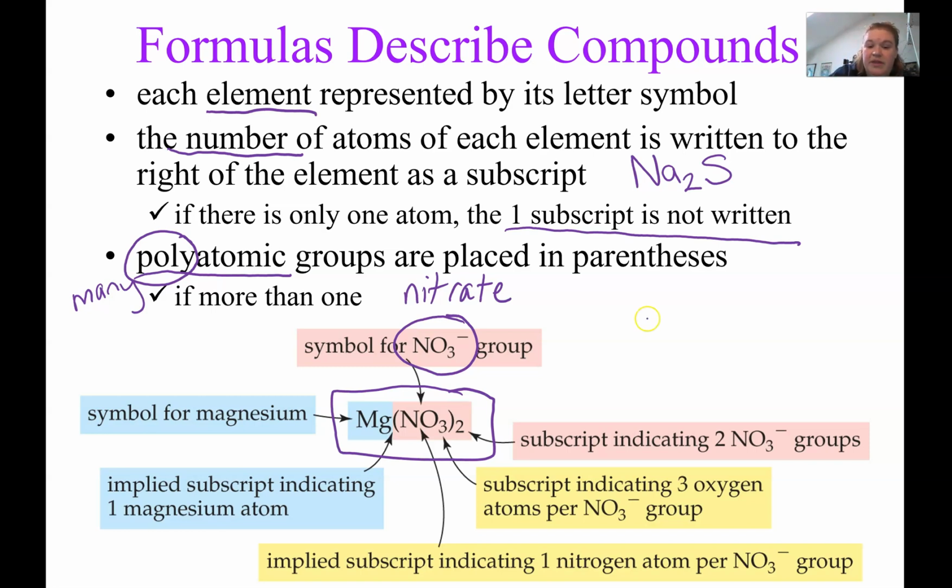Altogether, there will be 2 nitrogens and 6 oxygens, because that 2 can get distributed throughout that polyatomic. But altogether, there are 2 NO3 groups. So a couple ways to look at it there.